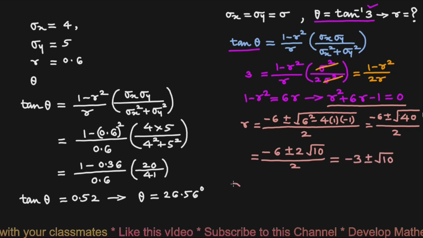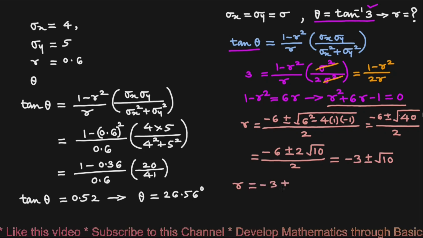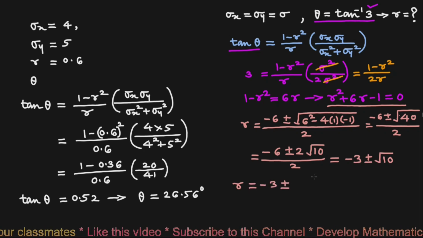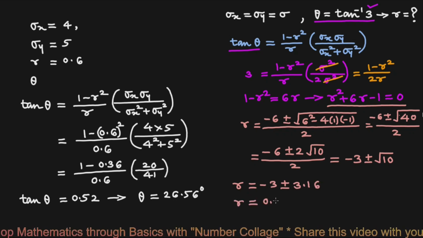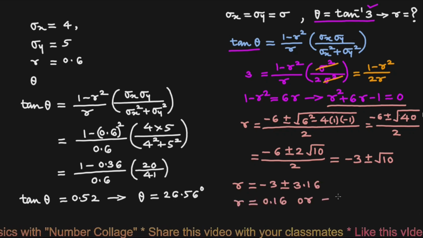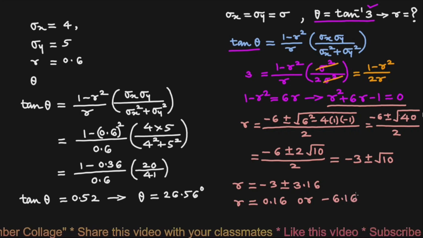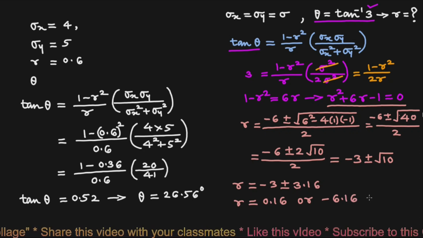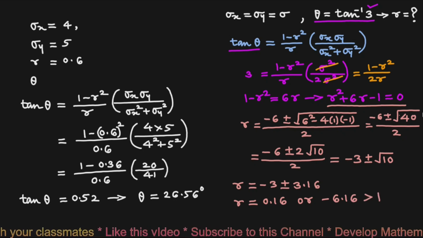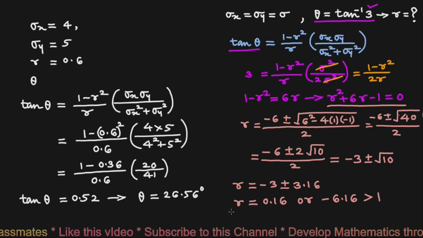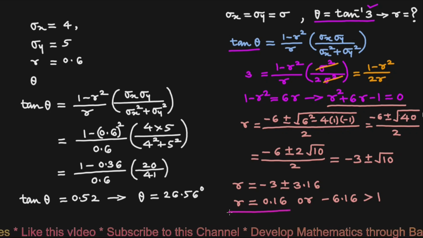So finally r will be minus 3 plus or minus square root of 10, 3.16. So r will be 0.16 or minus 6.16. This second value is rejected because numerically it is greater than 1. So the final value of r is 0.16.